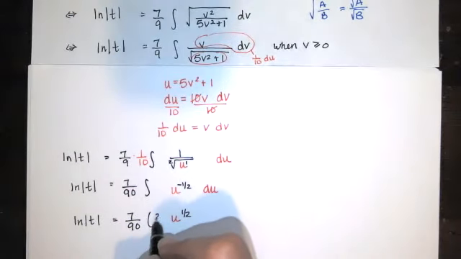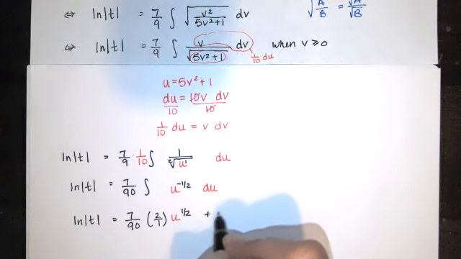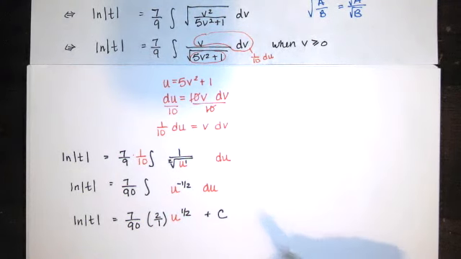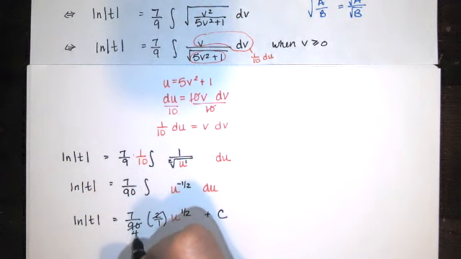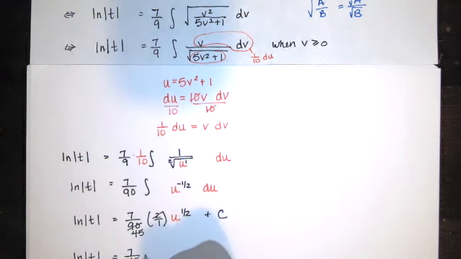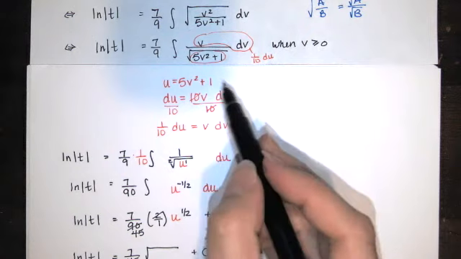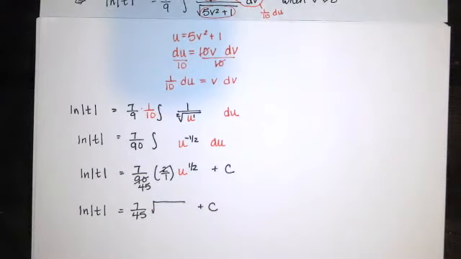Dividing by 1/2 is the same as multiplying by 2/1. Don't forget to add c. 2 goes into 90 45 times. That's going to be a square root of u. But remember what u is. u is 5v squared plus 1.